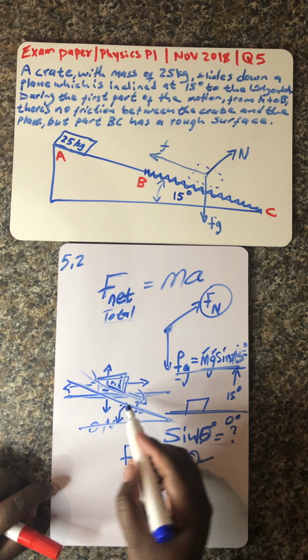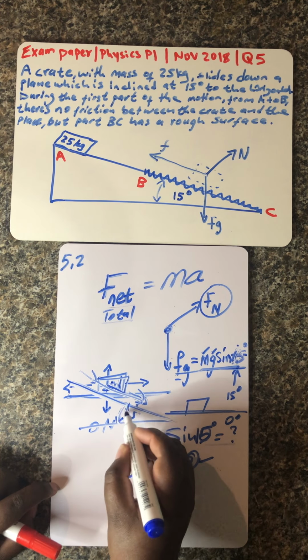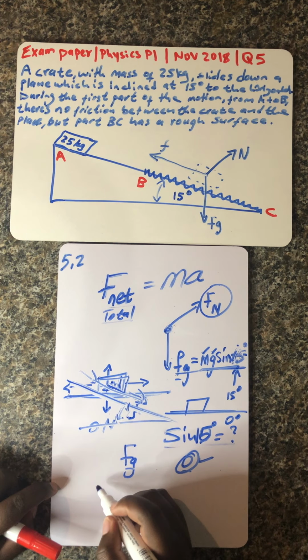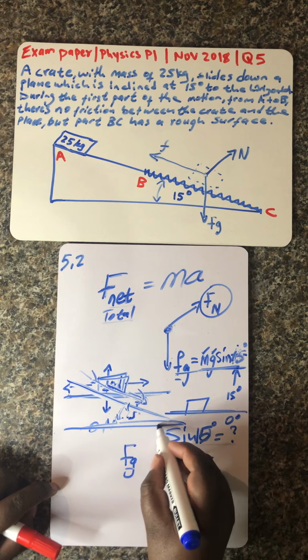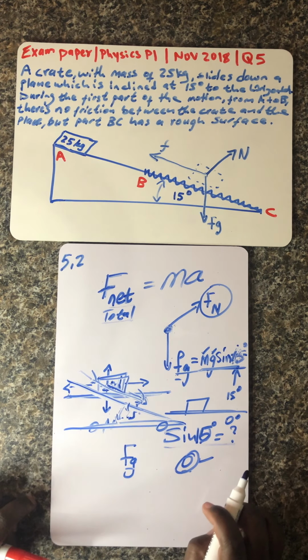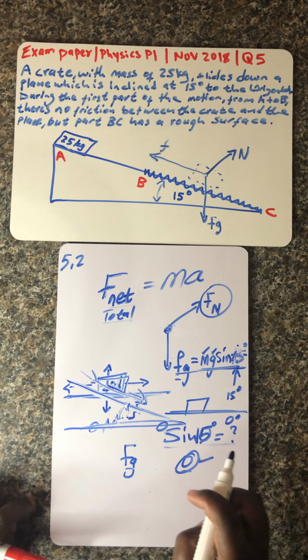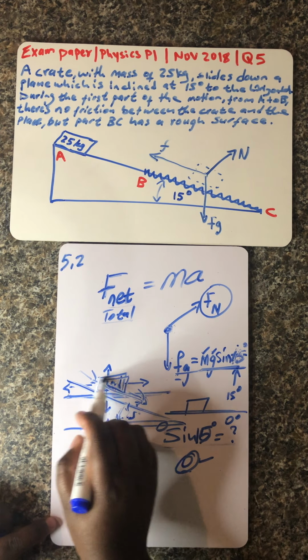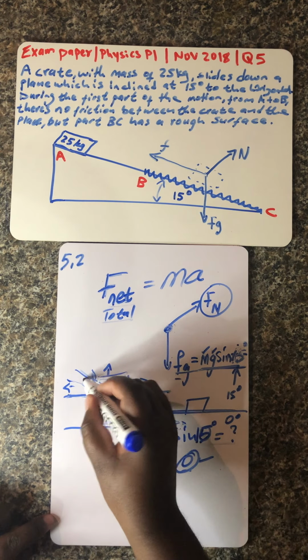Because it's sitting on an incline at an angle of 15 degrees. If it was sitting on a horizontal surface at 0 degrees, it wasn't going to slide. So I want you to have a better understanding of why that object is sliding even though there's no external force.